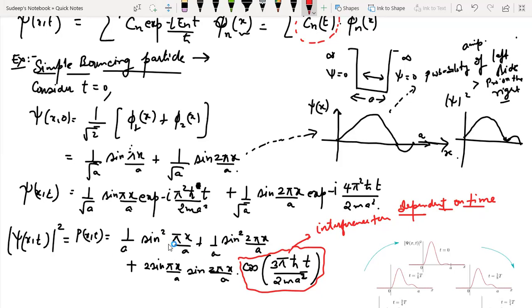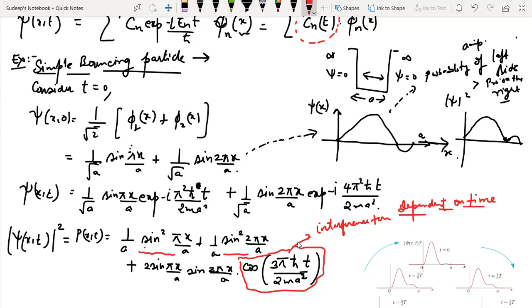The initial two terms don't contain time dependence; you can clearly see that. All the time dependence of the probability density is encapsulated in the last term, which I'm referring to as an interference term. It's not scientific jargon, but that's the way I've used it.